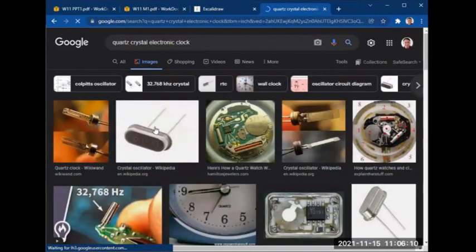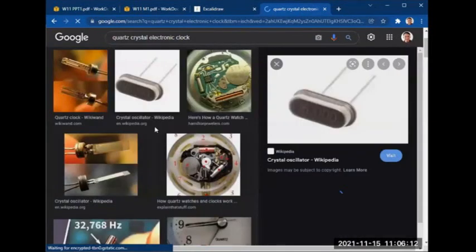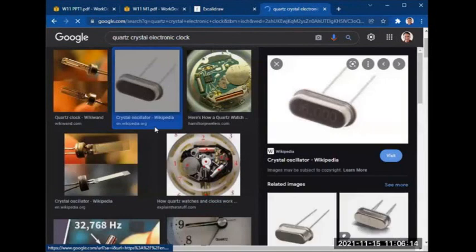And this is how it usually looks like. But inside that is a quartz crystal. A quartz crystal will vibrate when supplied by voltage.